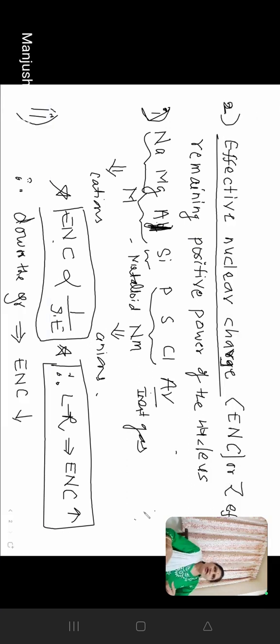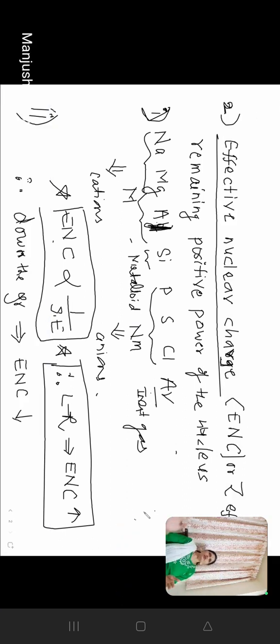In short, I will tell you again. First we will see the screening effect. From left to right, new electrons are added in the same shell one by one. Atomic number increases one by one, so valence electrons are added into the valence shell one by one.